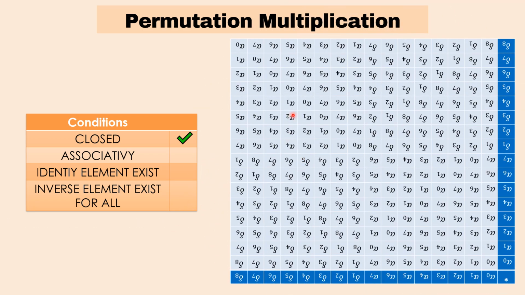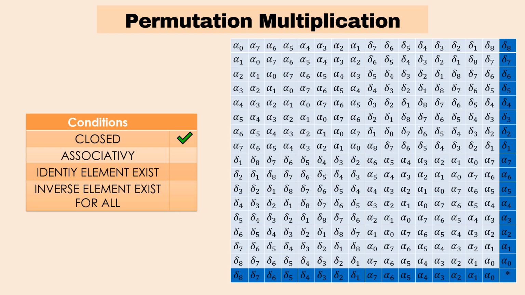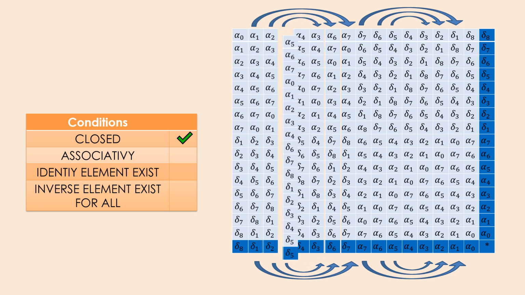To check for the associativity, we need to flip the table 180 degrees, then observe if it will be the same as the original table. If the flipped table is not identical to the original one, there is a need to interchange rows and columns. So since this table is not the same as the original one, we need to flip some columns and interchange.